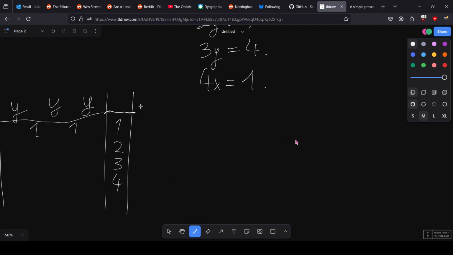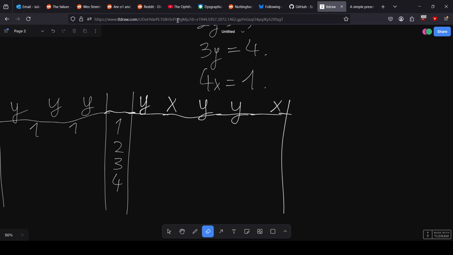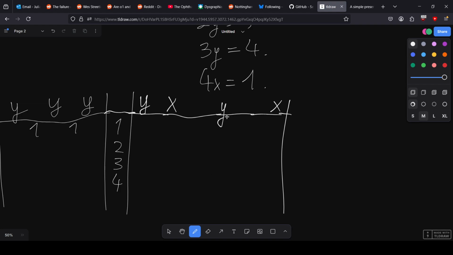This will be y, x, y, y, and x again. Now, we can actually simplify this. We know that y has order 3 here. So y squared is equal to y to the minus 1.